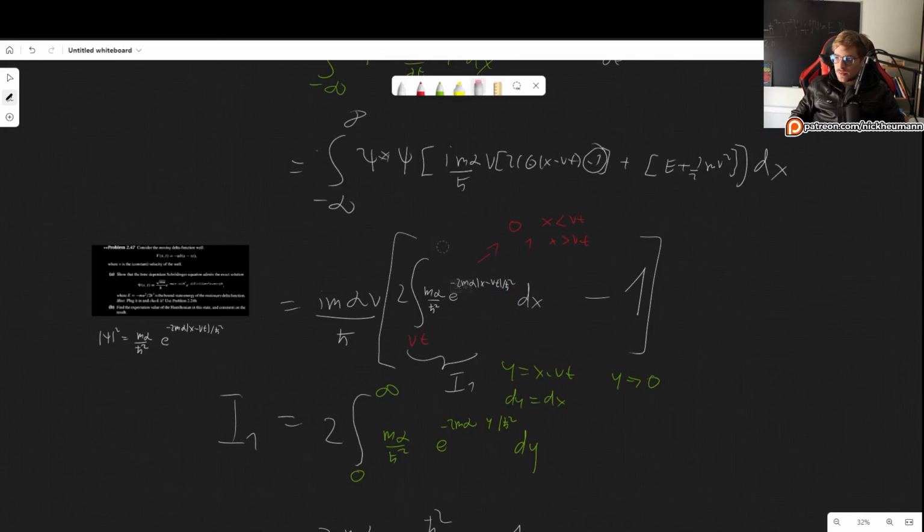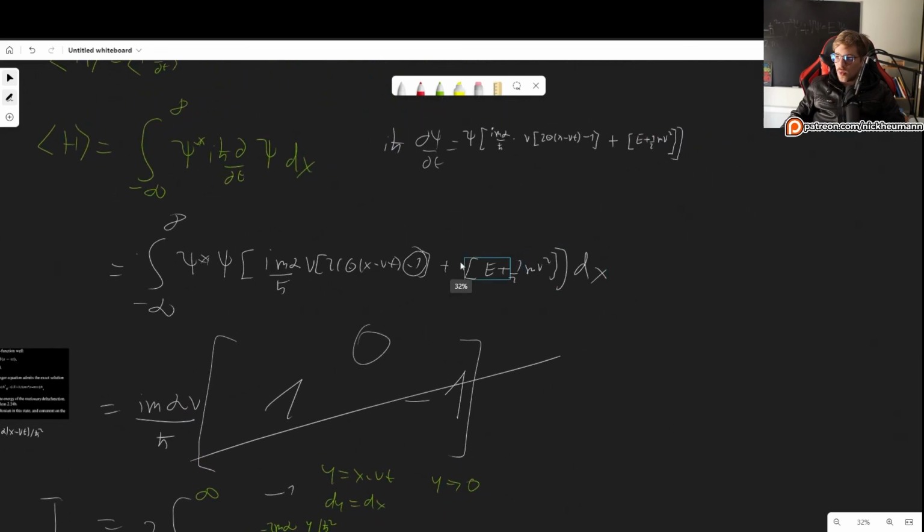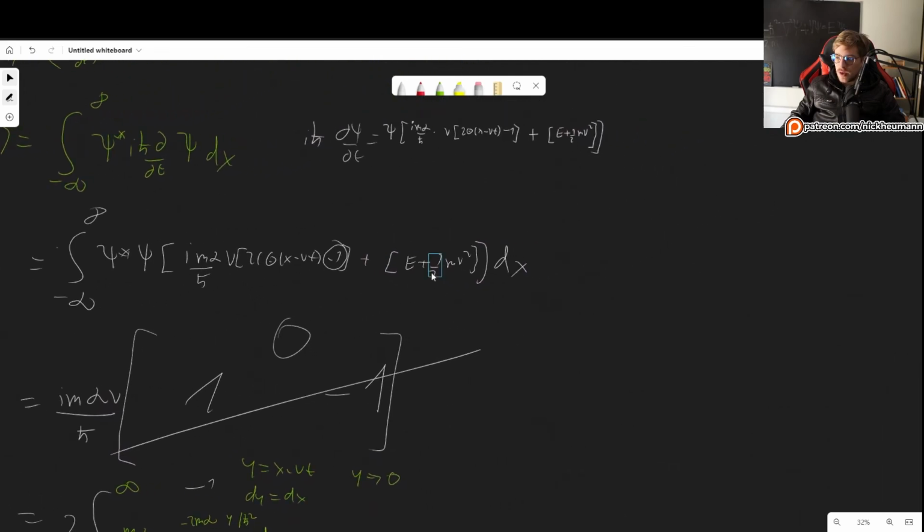So we get 1 minus 1, which is 0. So bam, this entire thing is 0. So we are only left with this integral right here. But this is a constant, right? So this thing is e plus 1/2 mv squared. And then we have the integral from minus infinity to infinity of our density squared, which we know is 1 because this is normalized.